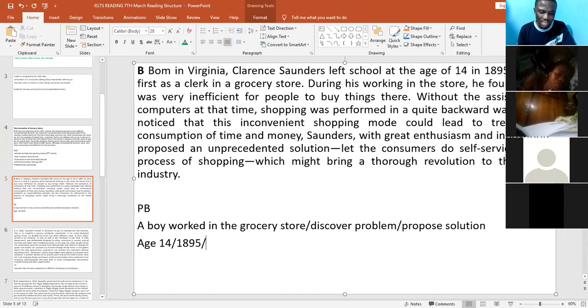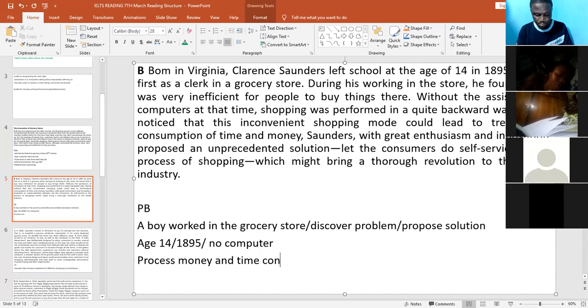If I want to enter any other thing, no computer, I'm just writing it because I have time. Discover the problem. What is the problem? The problem was that this process was money and time consuming.